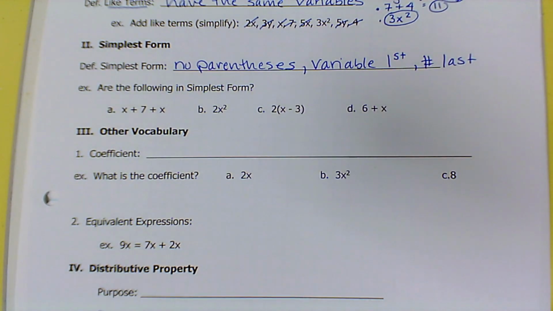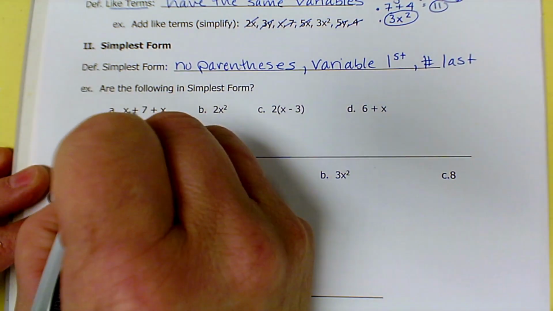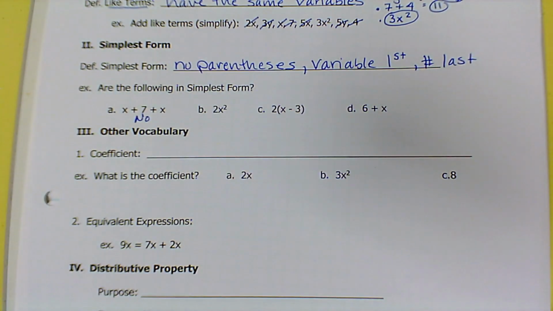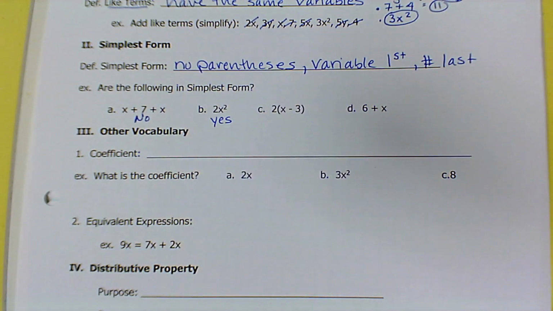So we're going to answer the question, are the following in simplest form? Well, in A, you have a couple of x's that you could add together. So this would be a no, it's not in simplest form. For B, 2x squared. There's nothing else to do. So yes, that one is in simplest form. On C, it's got parentheses.